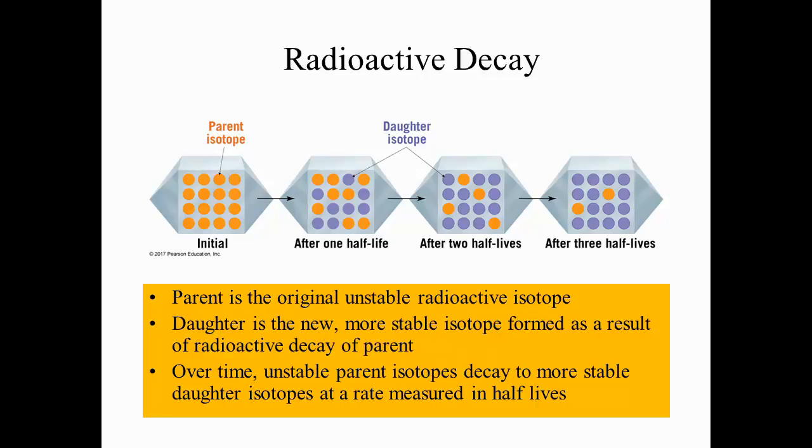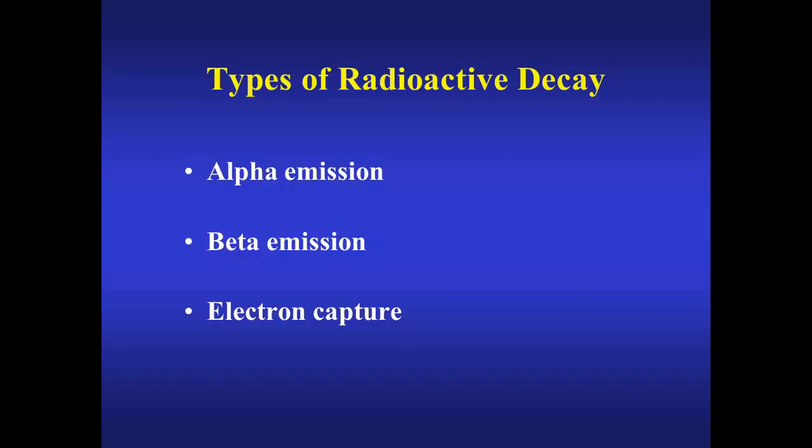And the idea is that over time, unstable parent isotopes decay to more stable daughter isotopes at a rate measured in terms of half-lives. And we'll take a look at this idea of half-lives in a little bit more detail.